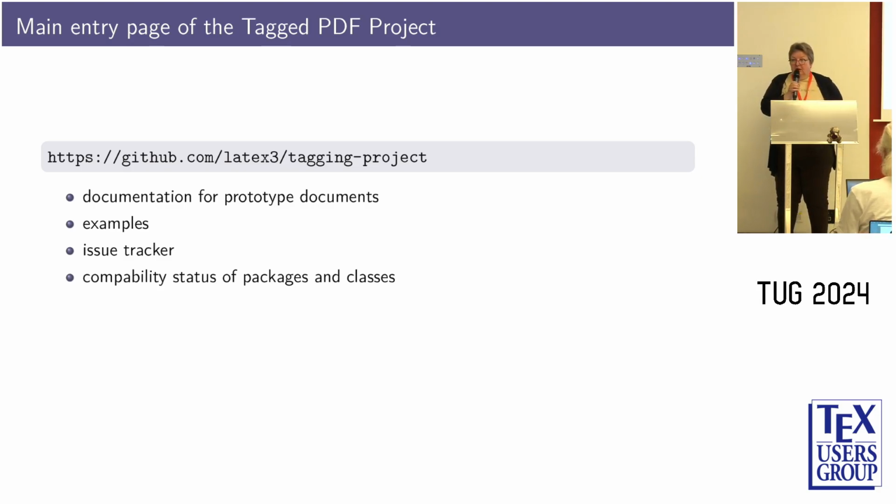There's an issue tracker, since there are still lots of errors with packages, where you can report issues or open a discussion page. And we also accept issues with external packages, because that's the point. And you now find, that's quite new, and I will show this later too, a list about the compatibility status of packages and classes.